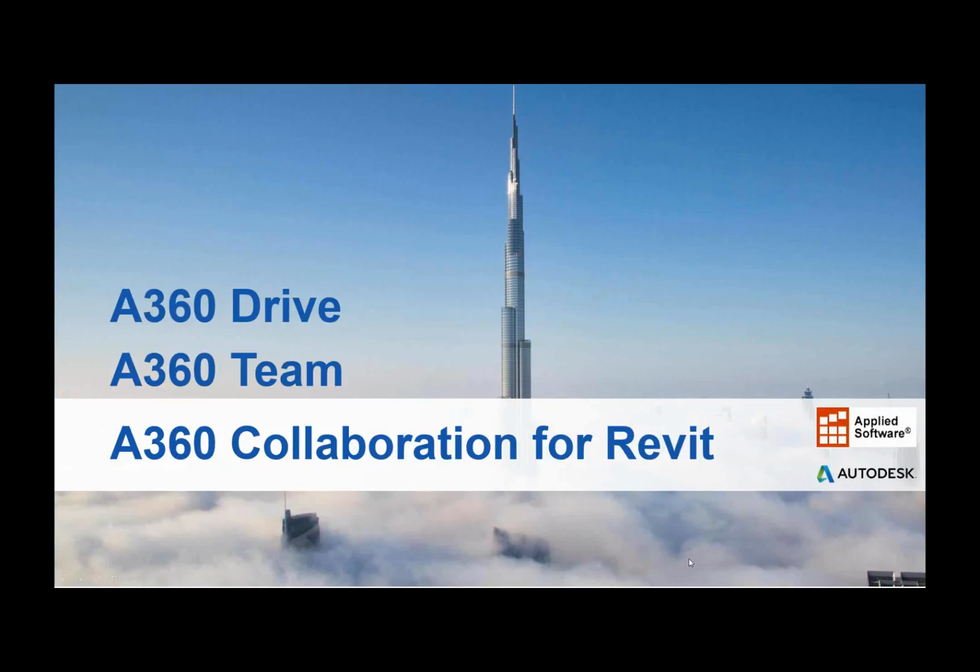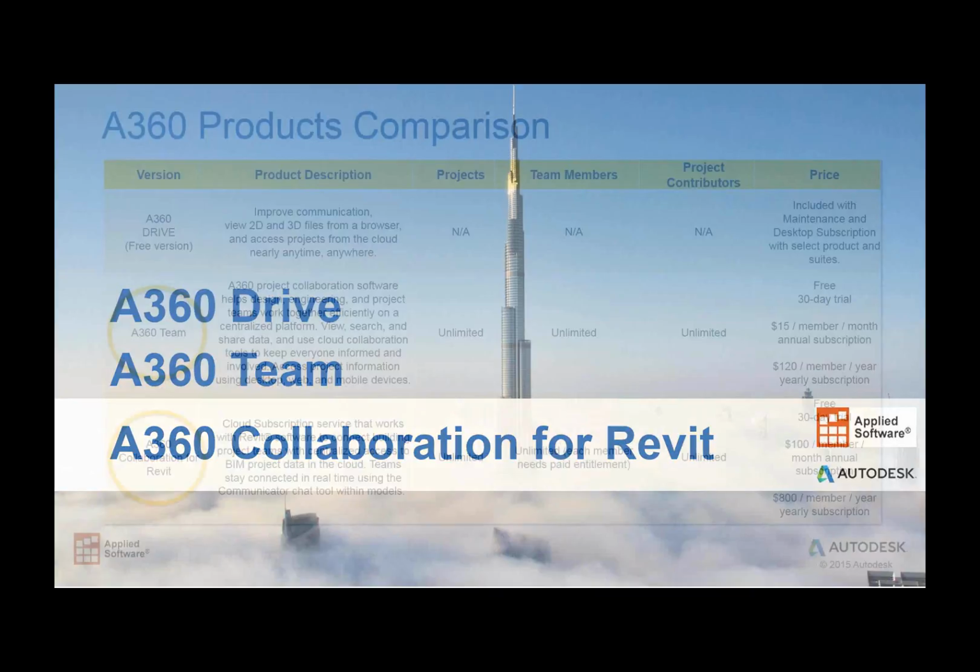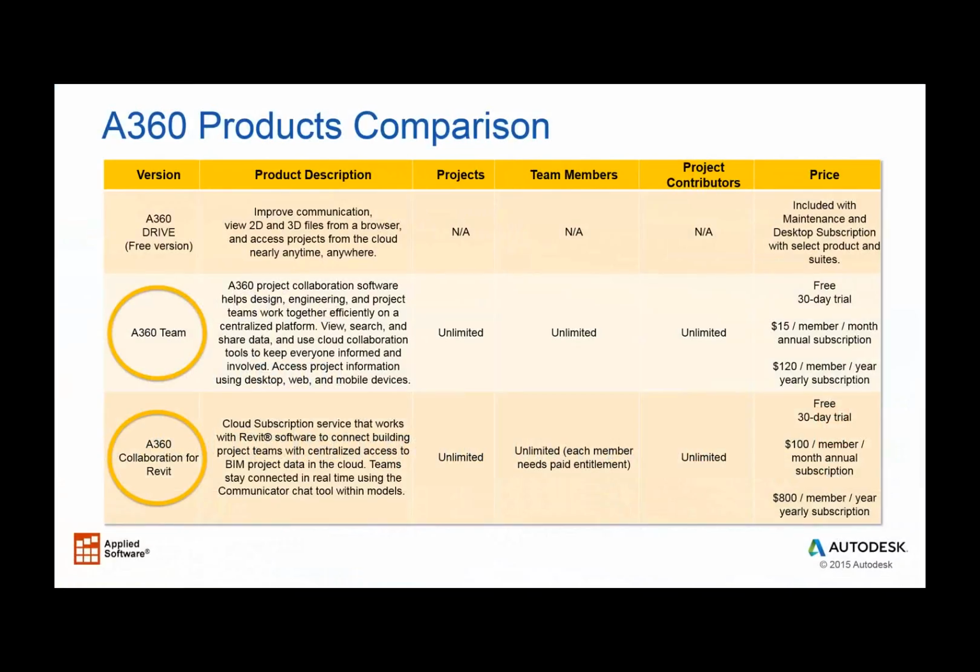First, starting off with A360 Drive, followed by Team, and then Collaboration for Revit. Each one of these offers different product descriptions, comparisons, and price points. A360 Drive we'll go into a little bit later, as well as Team and Collaboration for Revit. And each one of these offers unique things.